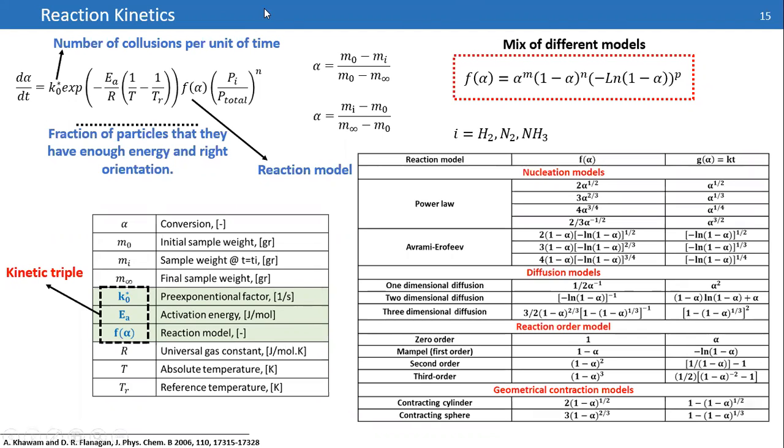As the reaction proceeds, we may face different behaviors in our systems, so different reaction models have been developed. I will explain them later, and you can use model fitting to see which model fits best.